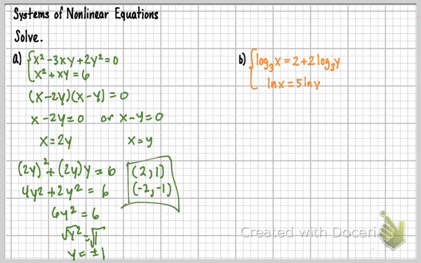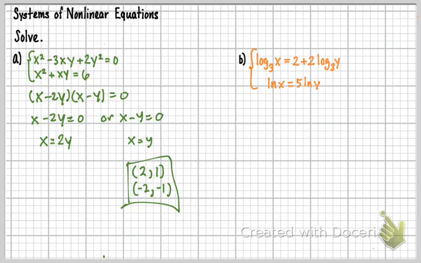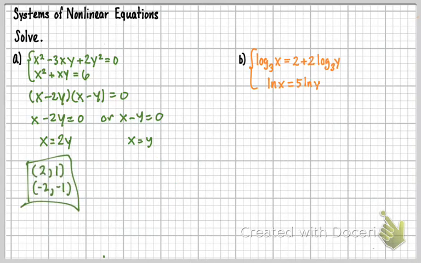So then I can get rid of all this here. I don't need it anymore, and I can just move this over here. And then we can get started on the x equals y. For the x equals y, now I'm going to plug that into the second one. Wherever I see x, I'm going to plug in y.